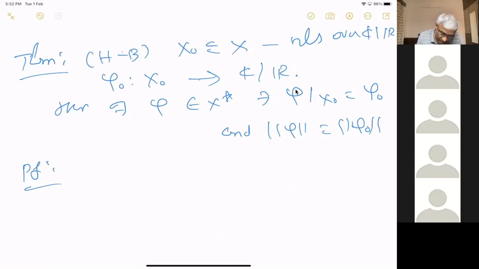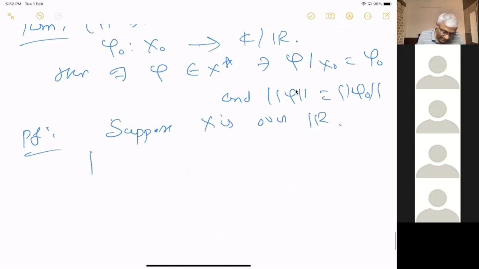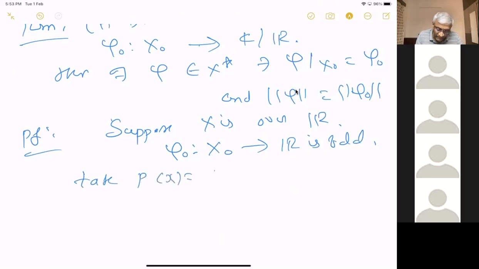So suppose X is over the reals, and phi naught from X naught to R is bounded. Take P of X equal to norm phi naught times norm X.